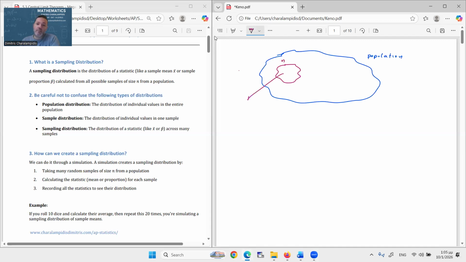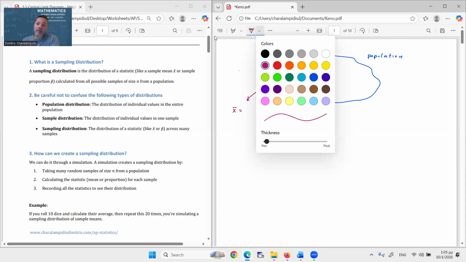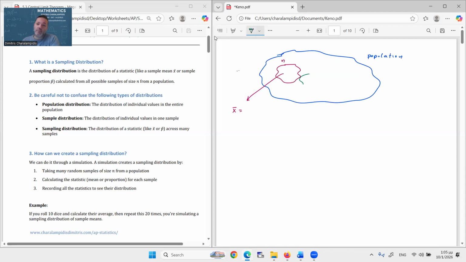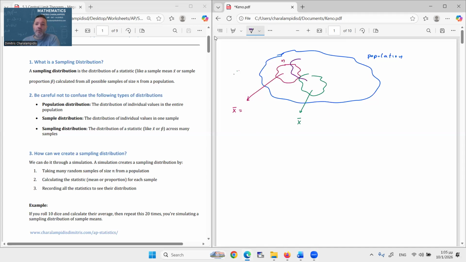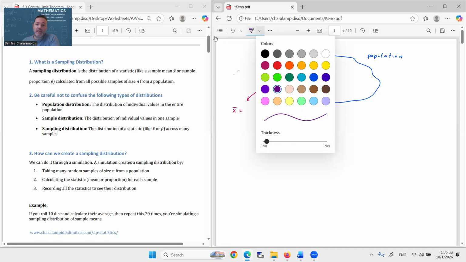For this sample, I calculate the mean. Then I get a different sample. For this sample, I calculate the mean again. Then I get a third sample. All these samples do not have to be independent, meaning that an individual could belong to more than one such sample. But the process remains the same.